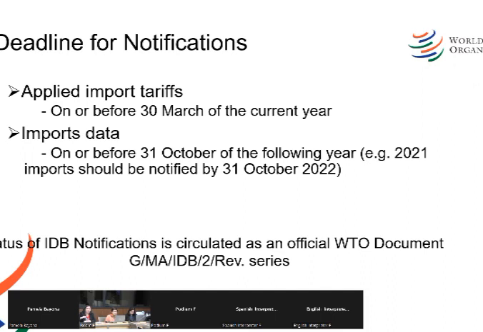So that means 2021 imports should be notified by 31 October 2022. That gives the country 10 months after the end of the calendar year to prepare their import data for notification to the IDB. And the status of IDB notifications is circulated as an official WTO document.